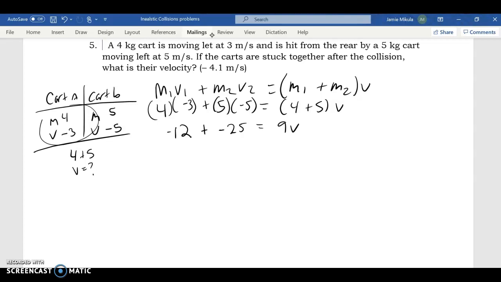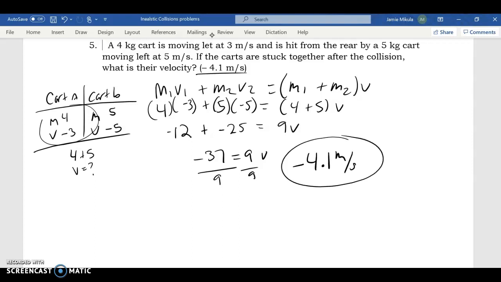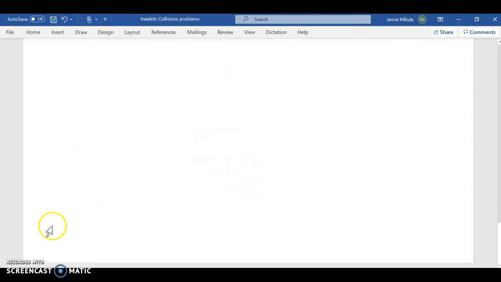Negative 12 plus negative 25 is negative 37 equals 9v. Divide 9 on both sides and get negative 37 divided by 9 is negative 4.1. So this is correct. Negative 4.1 meters per second. All right, that's it for that.